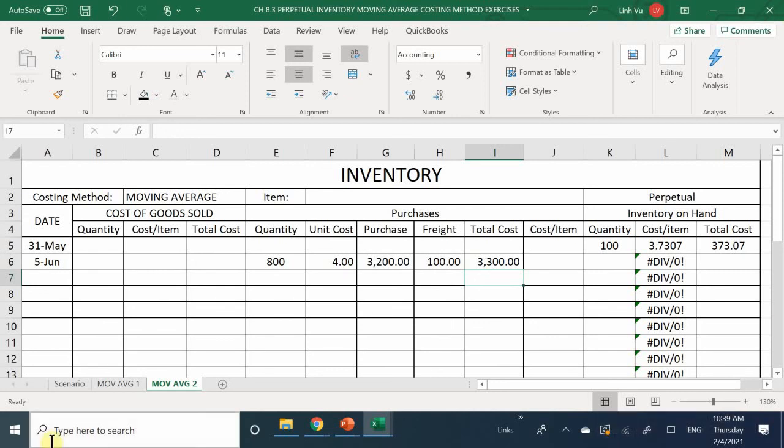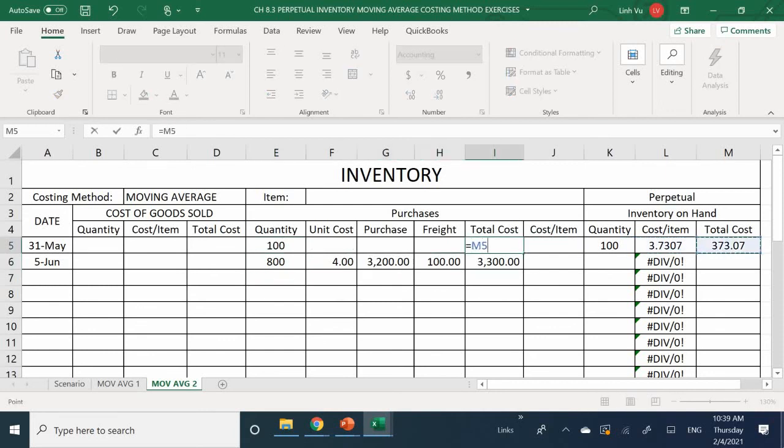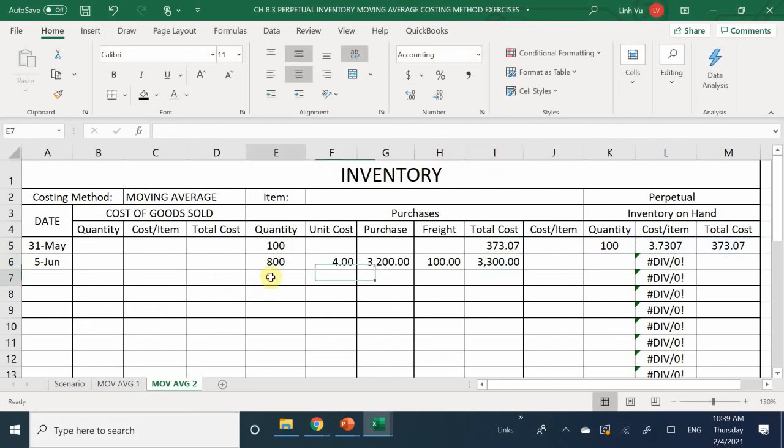Add the two quantities together. Exactly. So in this case, I'll go ahead and show it to you here. I'm going to add the 100 here, and also add the 3,300 here. I'm going to add them together, just so that you can see what it looks like, or so you know when I post the answer.